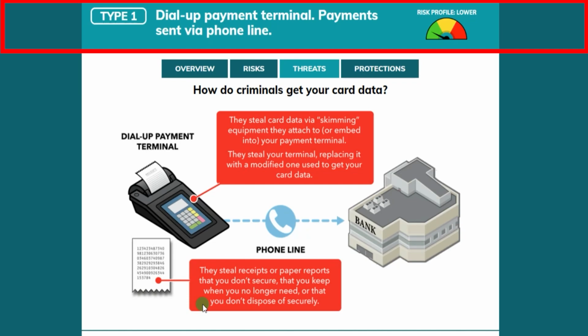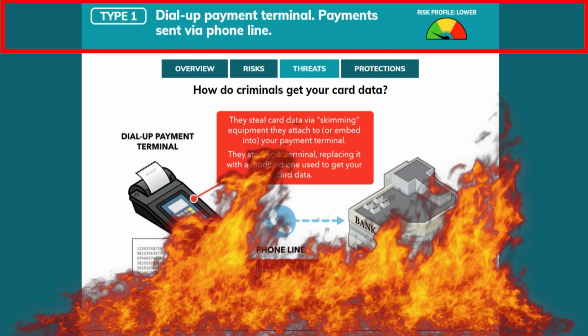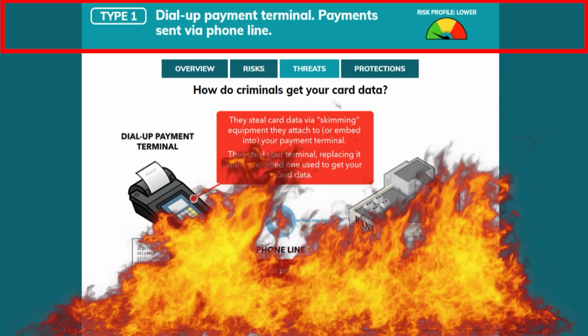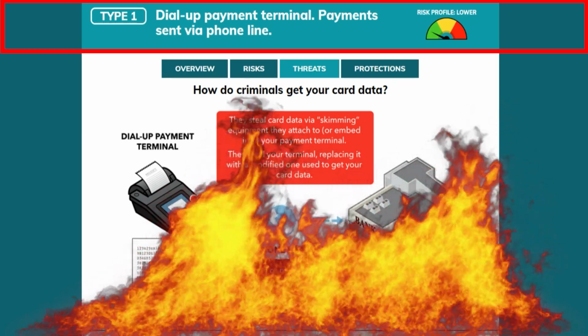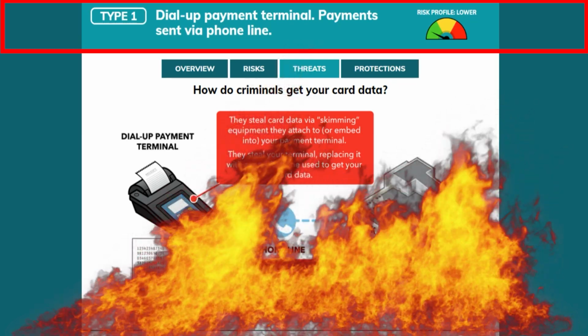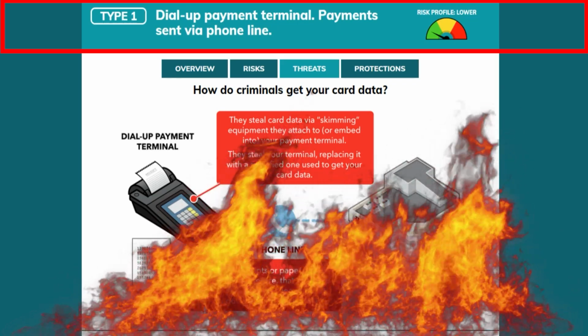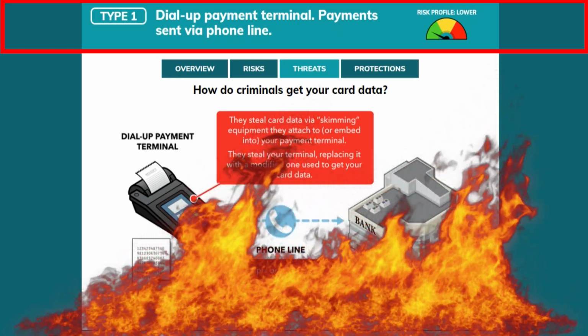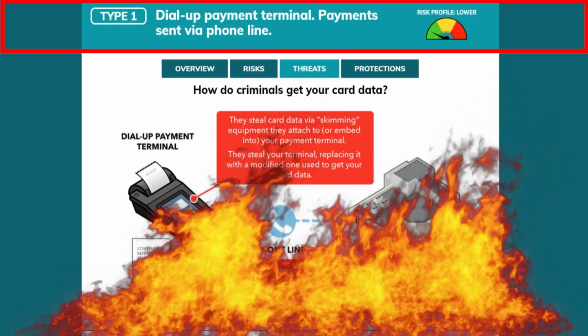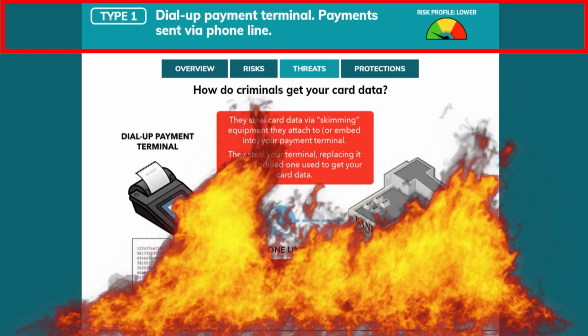So basically, if you don't need it, make sure that you destroy it, but you destroy it in a secure way. For example, if you're going to burn those papers and you just put them on fire, but maybe someone gets to the point that extinguishes the fire, but still can see those numbers or that card data, that's a situation you don't want to be in.